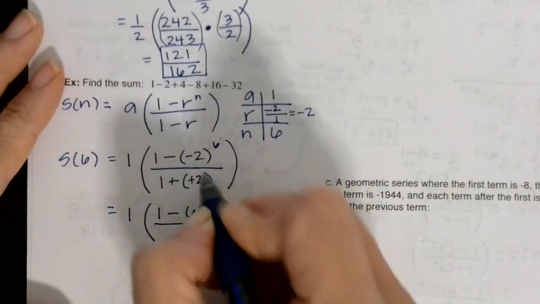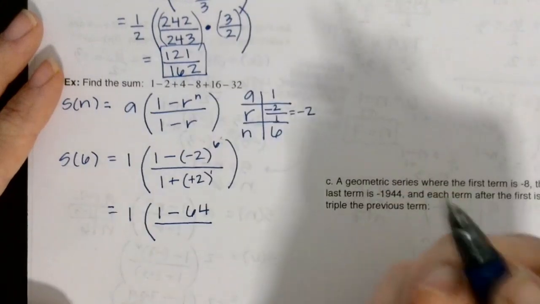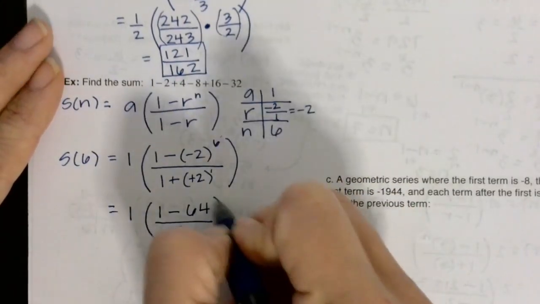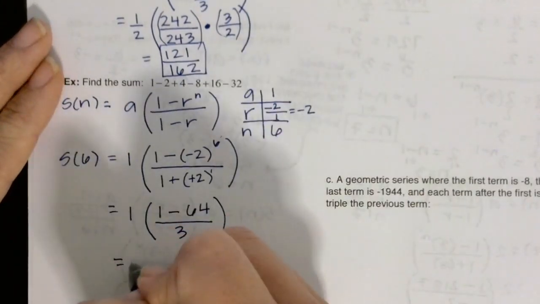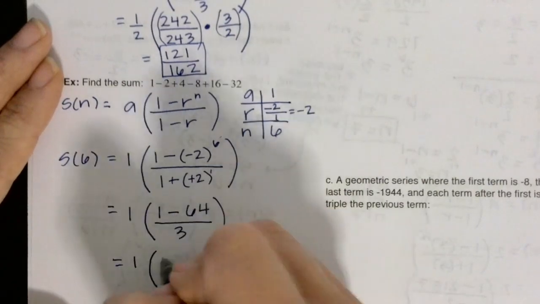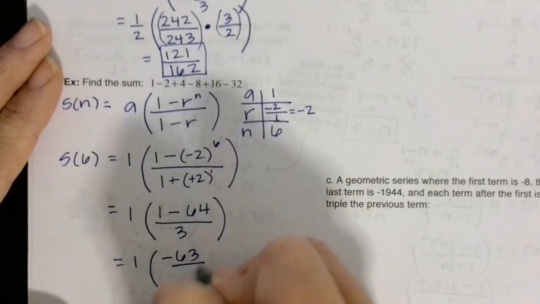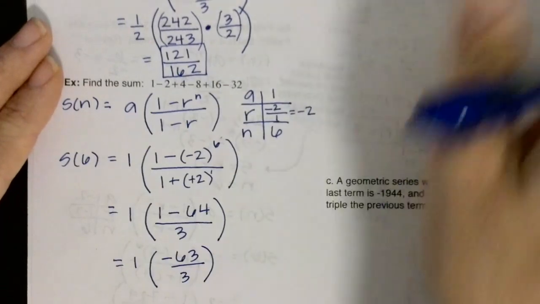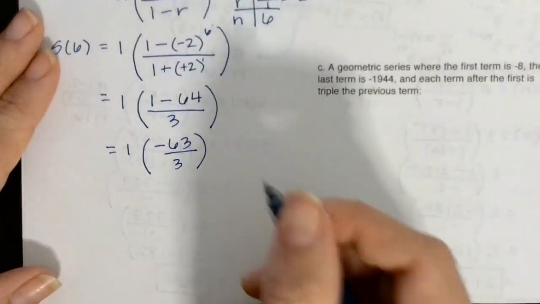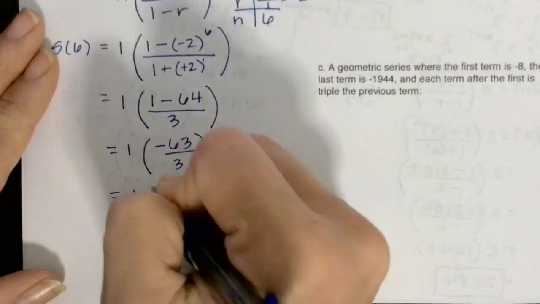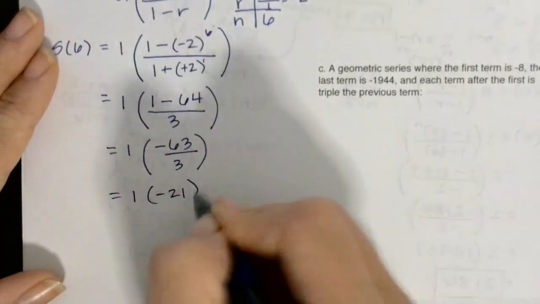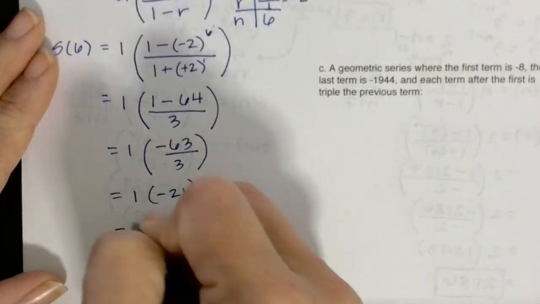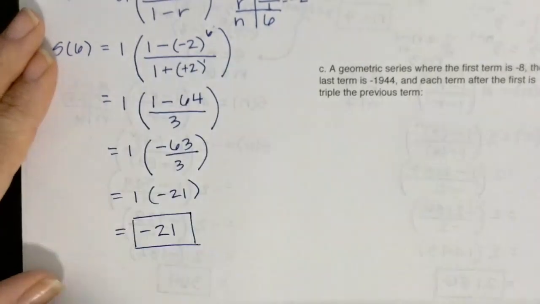And this one I can do because that's just 2 to the 1st power. So I get 3. 1 minus 64, let's plug that into the calculator or do the math in your head, is negative 63. And negative 63 divided by 3 is negative 21. And 1 times negative 21 is negative 21. So when you add those up, you get negative 21.